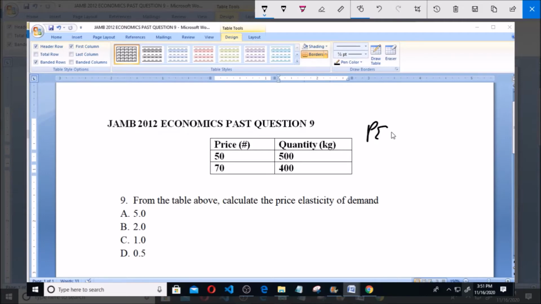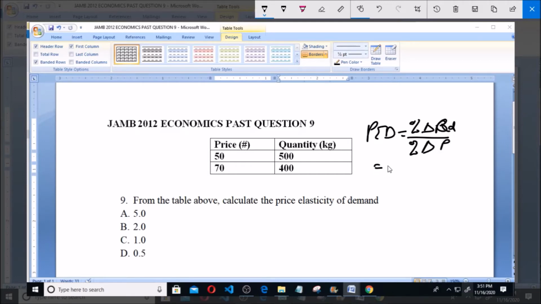Price elasticity of demand is equal to percentage change in quantity demanded over percentage change in price.